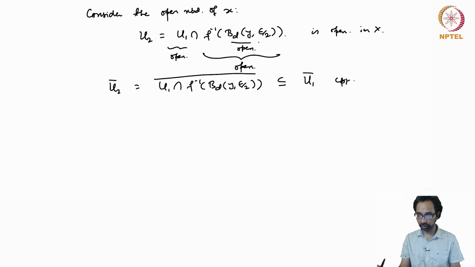Therefore U2 closure, being a closed subset of a compact set, is compact.